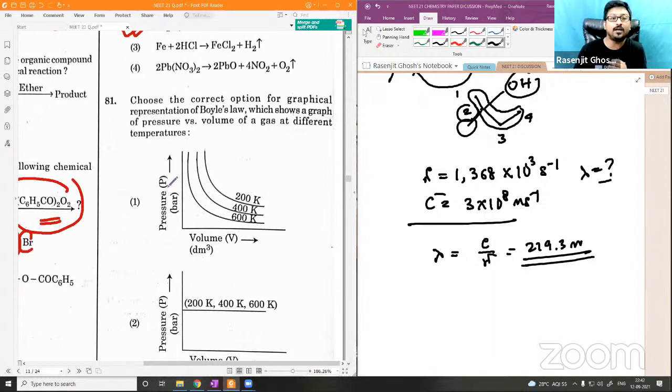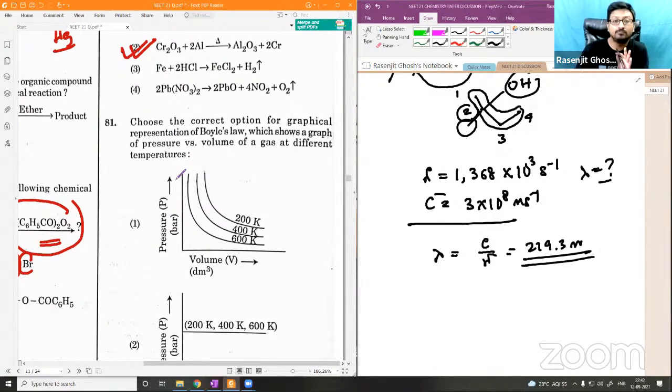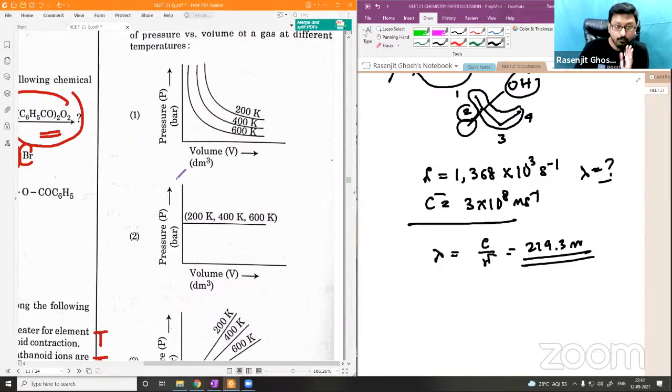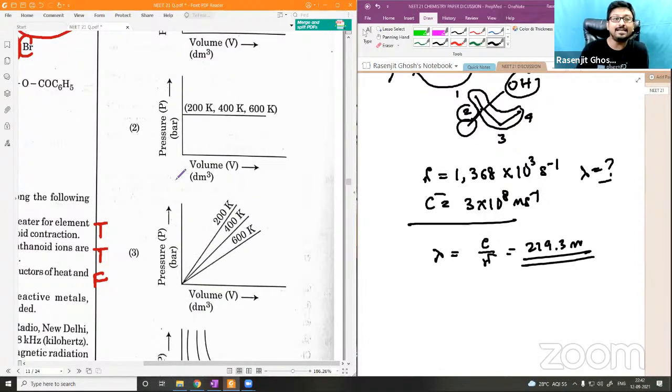Next, 81. Choose the correct option from the graph. Okay, now Boyle's law is definitely given. So you can easily omit 2 and 3, because 2 is pressure-volume and does not work that way. From Boyle's law, we know pressure is inversely proportional to volume, and PV is equal to constant.